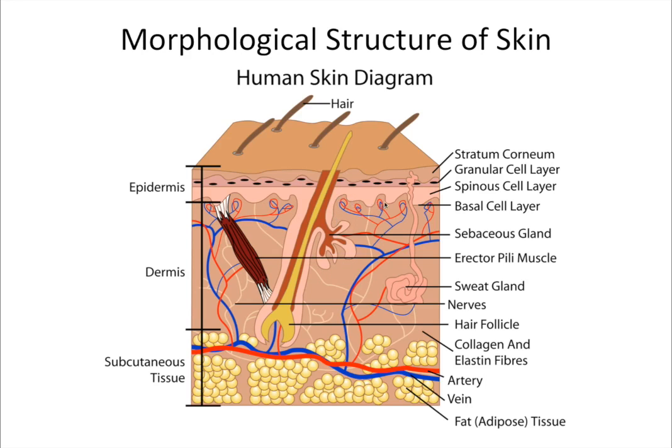Notice when you have a hair fiber present, this gets rather complicated, as you know, this is an invaginated structure into the dermis. That's why it's called an epidermal appendage. And below the dermis we have the subcutaneous tissue, which is also often referred to as the hypodermis.